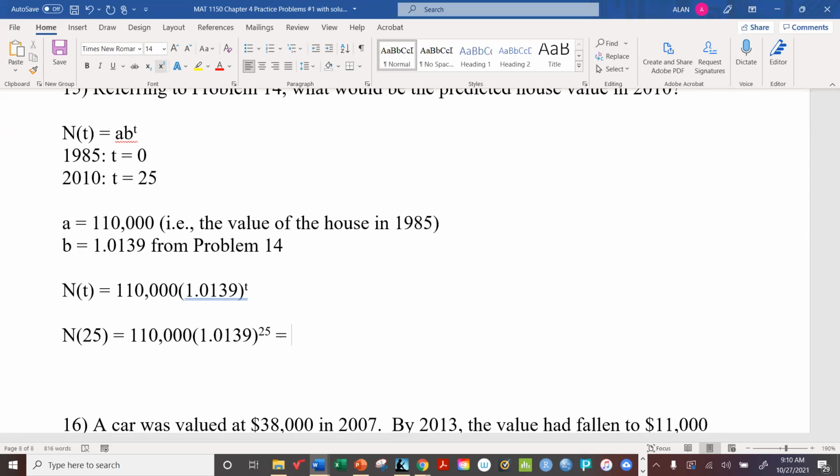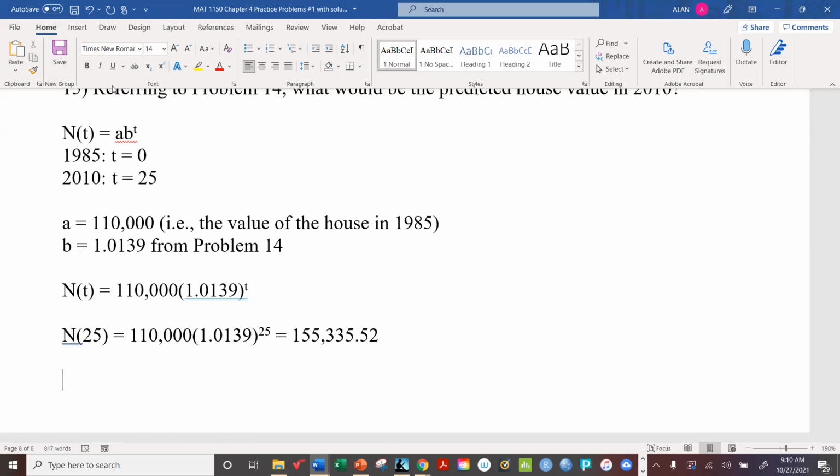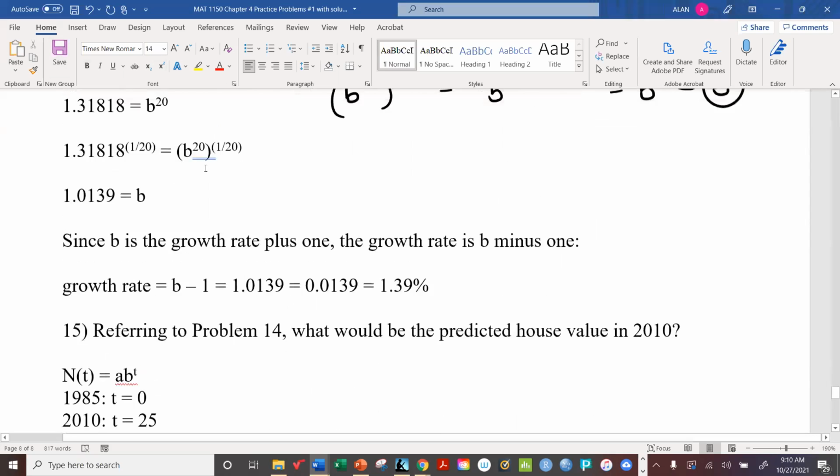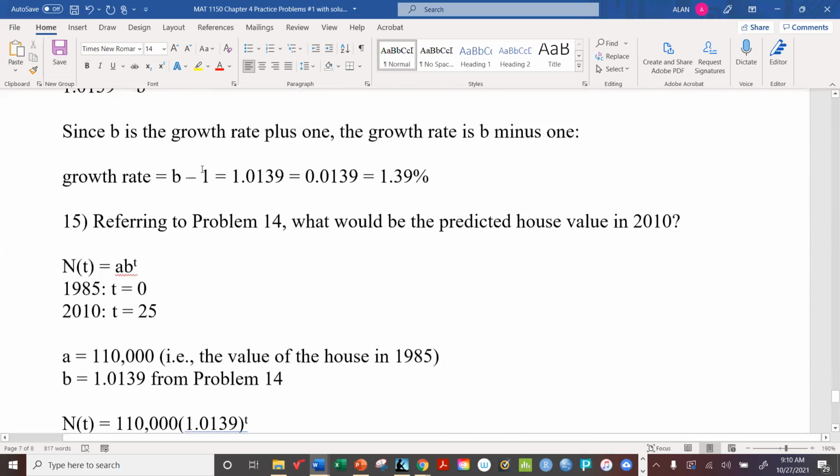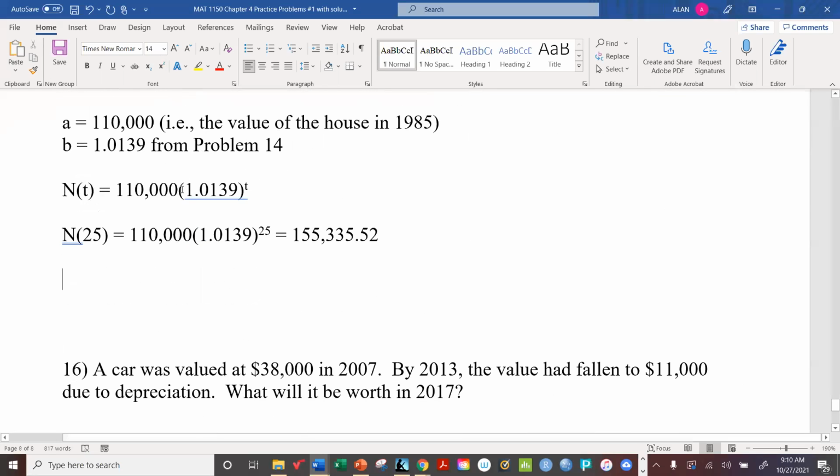So it'll go up to 155,335.52. In other words, it went up to 145,000 in 2005. And now if we keep the house for 5 more years, it should be worth 155,335.52. All right.